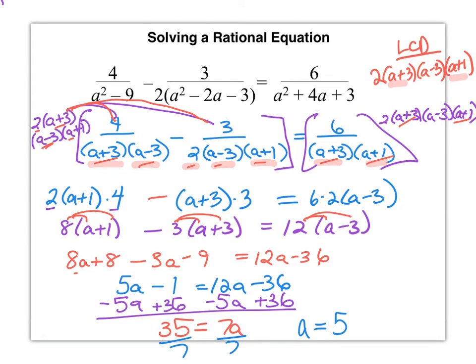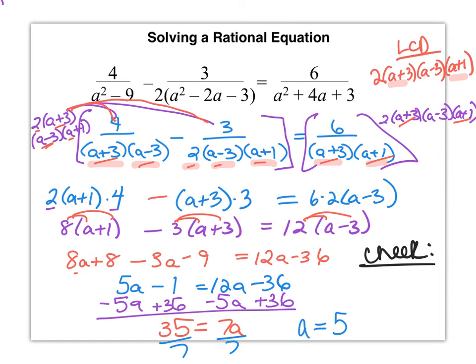And you can go back and check to make sure that this is a valid solution by plugging in 5 into the original equation. Also notice that the 5 would not be a restriction on the domain of these rational expressions.